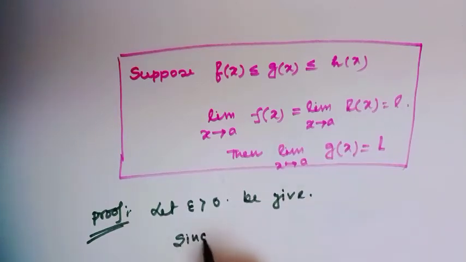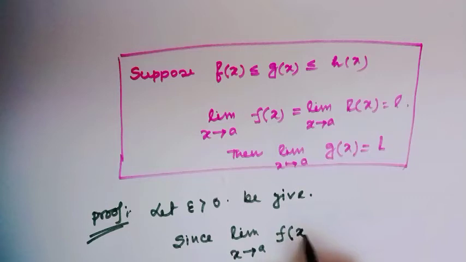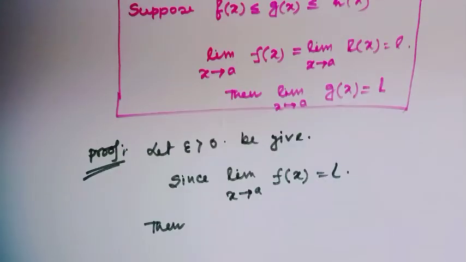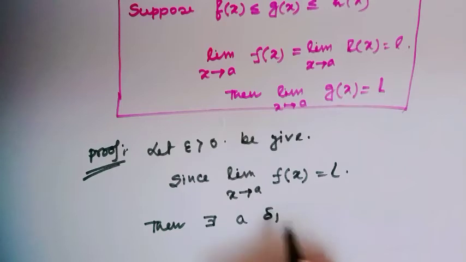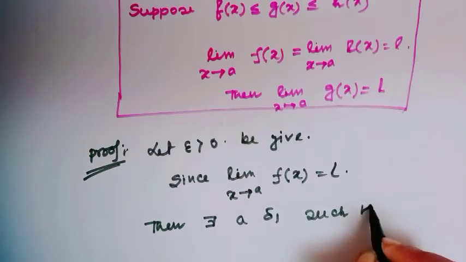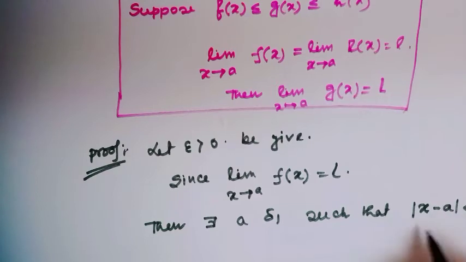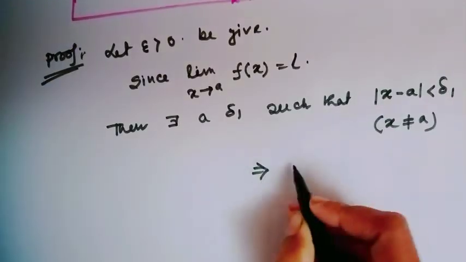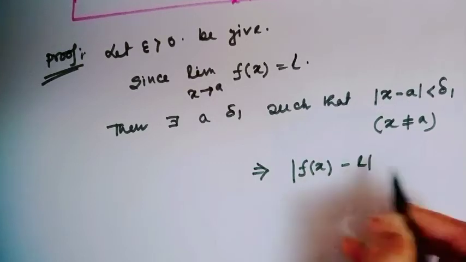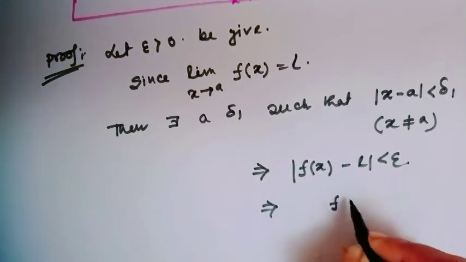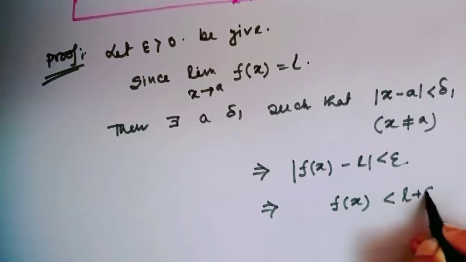Since the limit as x tends to a of f(x) equals L, there exists a delta 1 such that the absolute value of x minus a less than delta 1, with x not equal to a, implies the absolute value of f(x) minus L less than epsilon, that implies f(x) lies between L minus epsilon and L plus epsilon.